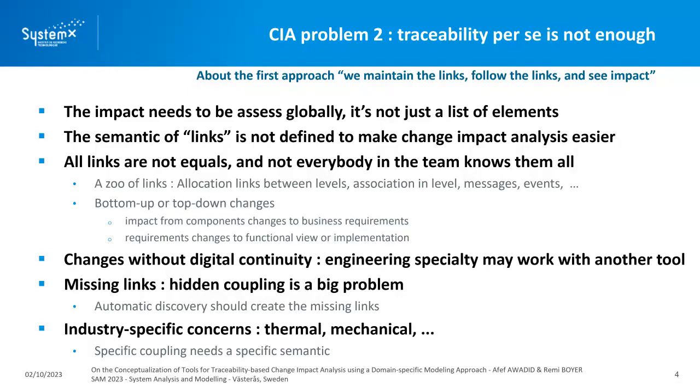So automatic discovery of hidden coupling is a big problem. And we have industry-specific concerns. So we need sometimes a keyword and refinement to check information from specialty engineering to integrate this information at the system level.